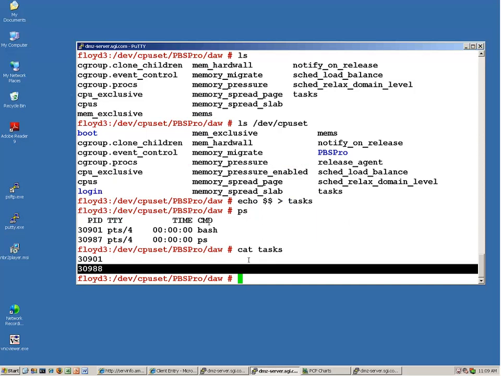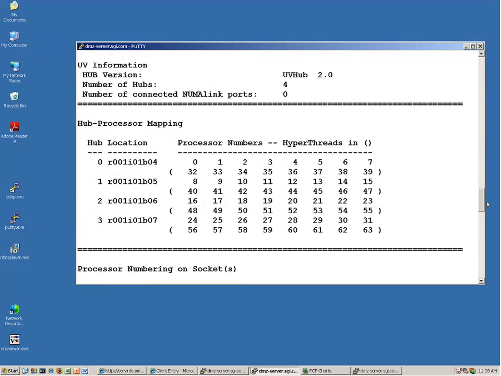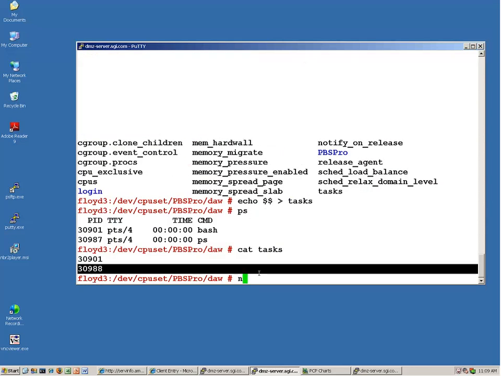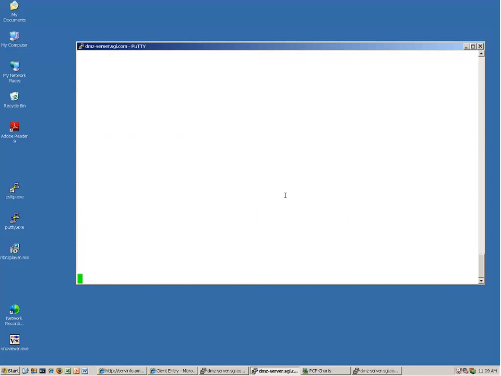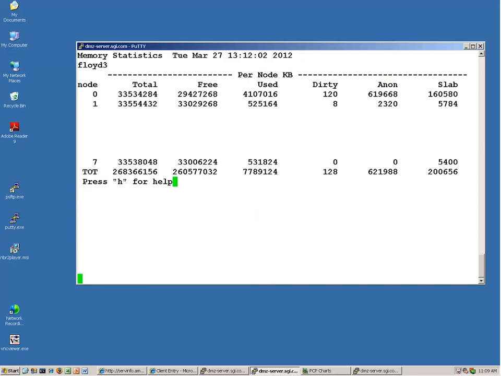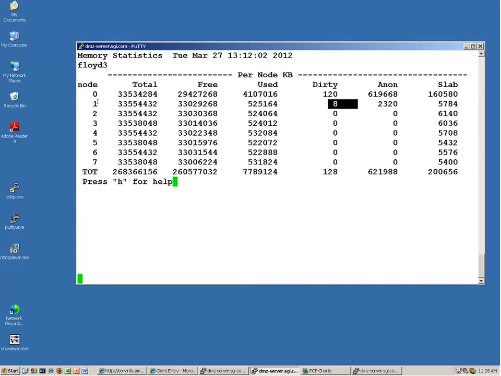Now let me try doing a, where were we on sizes? We don't get it here. Let's do an numactl info. And I'm on node 1. This should be where I am here with node 1. I got about 33 gig.